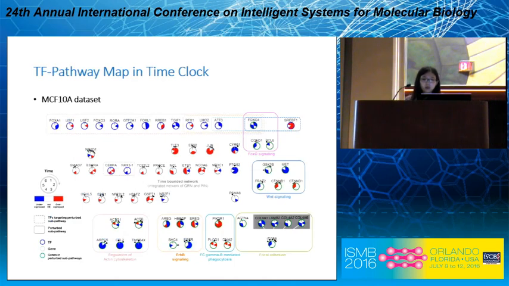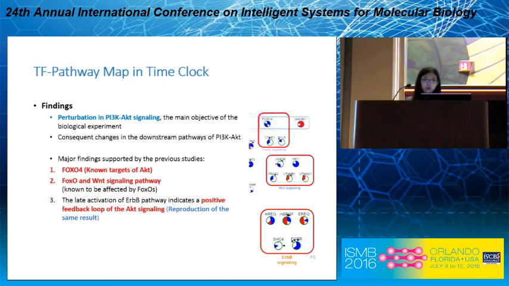And as a result of the first data set, we found the perturbation in PI3K, AKT signaling, and the consequent changes in downstream pathways of that pathway. And the major findings include FOXO4, which is the known target of AKT, and FOXO and Wnt signaling pathway affected by those FOXOs.